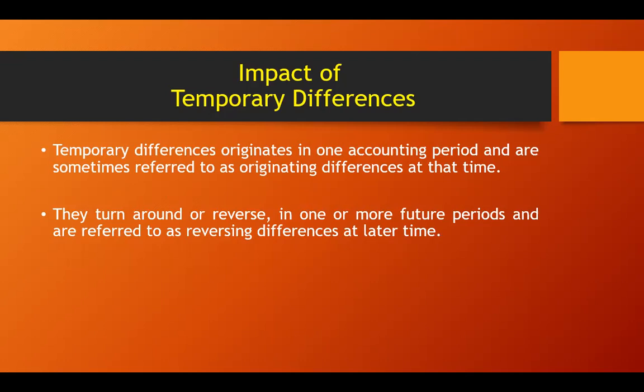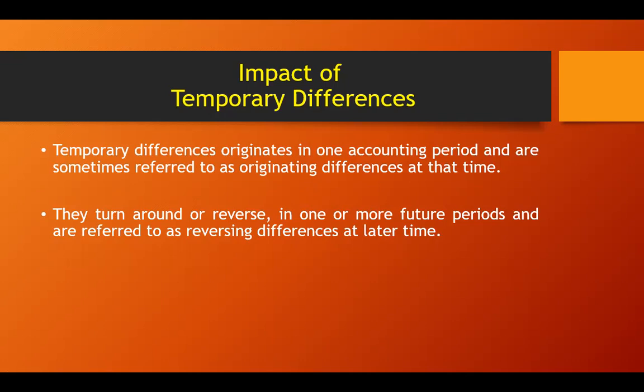We are interested in what is the impact of temporary differences. Temporary differences originate in one accounting period and are sometimes referred to as originating differences at that time. I think we have seen in the calculation of depreciation under the WDV method and the straight-line method, in the first year, a difference arises. This is called originating differences. In the later years, they will reverse.